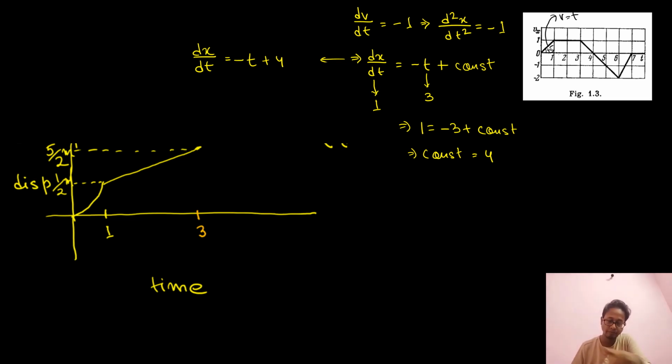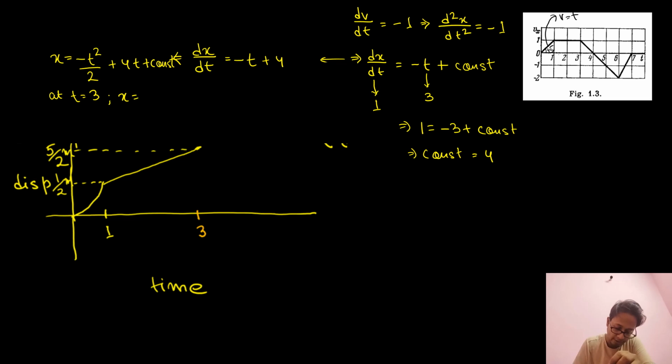Fair and fine. Now if I integrate this again, x is equal to minus t square by 2 plus 4t plus some constant. Now at t is equal to 3, x is equal to how much? 5 by 2.